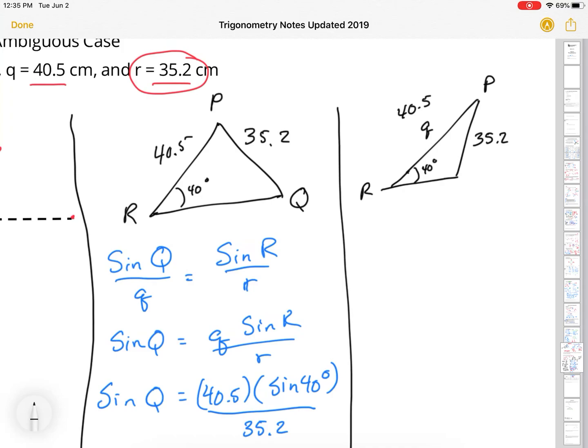Now you're saying to yourself, well, how do I know what angle Q is? Well, here's the trick. Those two angles, the Q that we determined in the first one, in the other case, angle Q is going to equal 180 minus 48 degrees.